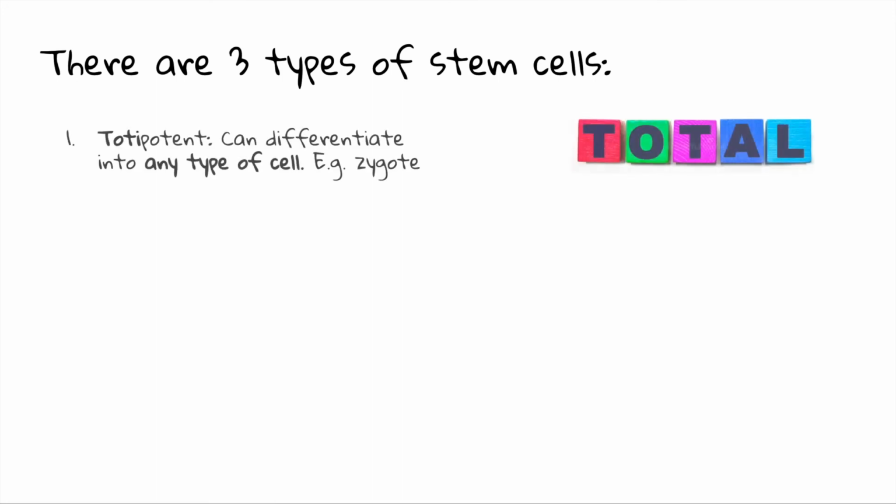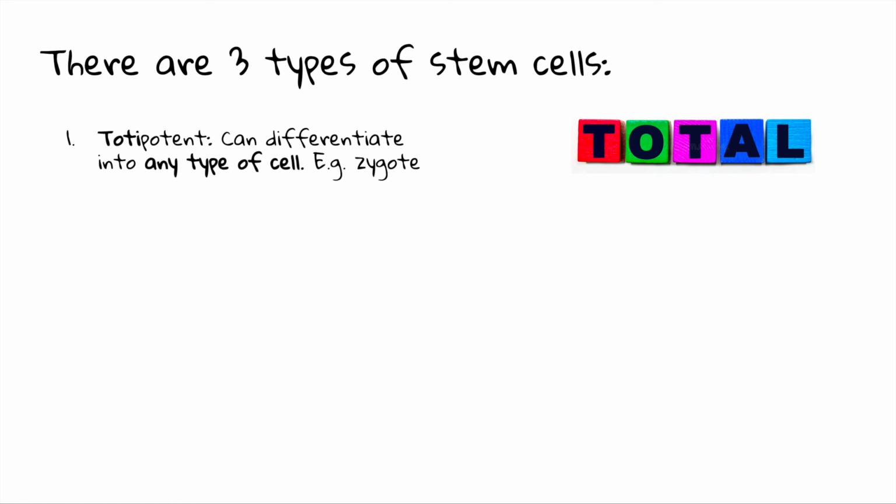So there are three main types of stem cells: totipotent, pluripotent, and multipotent. So first of all, totipotent. This means that the stem cell can differentiate into any type of cell. And an example of a totipotent stem cell is a zygote.